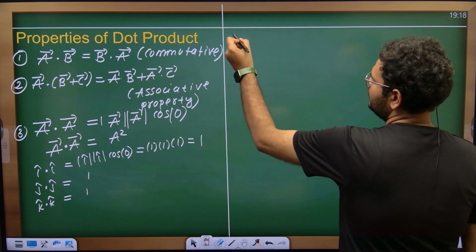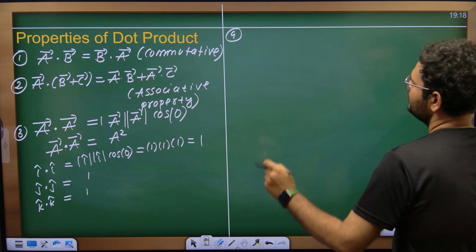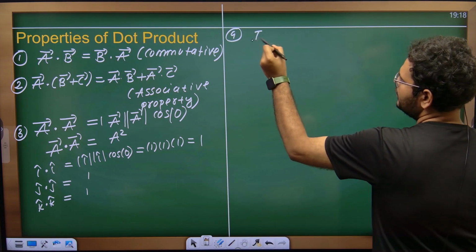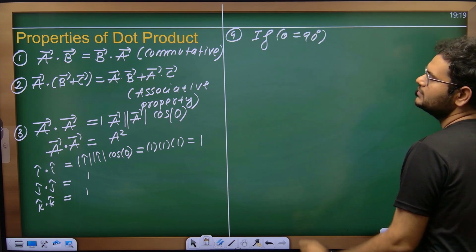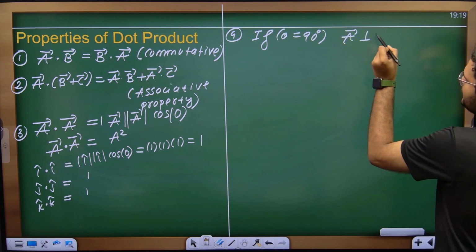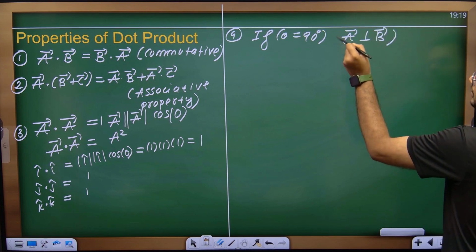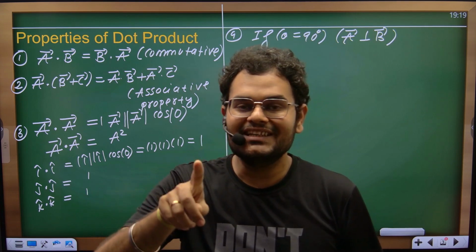Sir, number 4. What is number 4? A beautiful property, my favorite. What is your favorite, sir? If theta is equal to 90 degree. Theta is equal to 90 degree means, sir? Means if a vector is perpendicular to b vector, then if theta is 90 degree, cos 90 is what? 0.